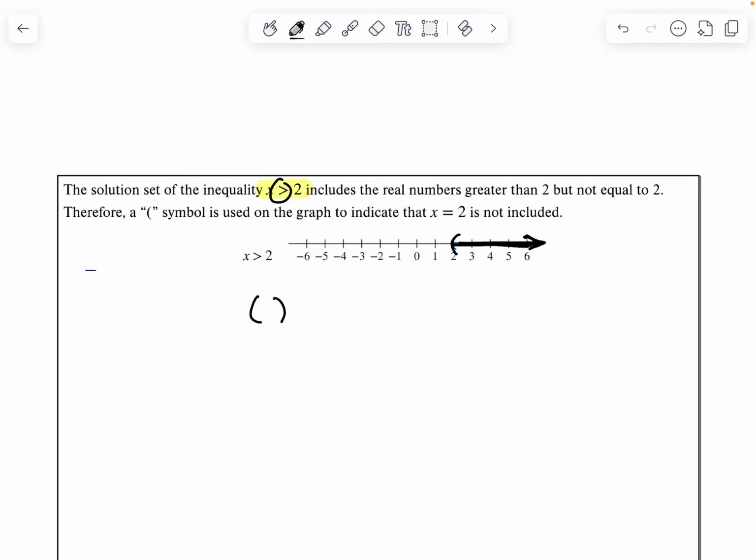This can also be an open circle, not a closed circle, an open circle shaded to the right of 2. Both of these mean the same exact thing. If instead I had greater than or equal to, I would have had to put a closed circle or a bracket instead of a parentheses. Here, since it's strictly greater than, not greater than or equal to, I have to notate that with a parentheses or an open circle.